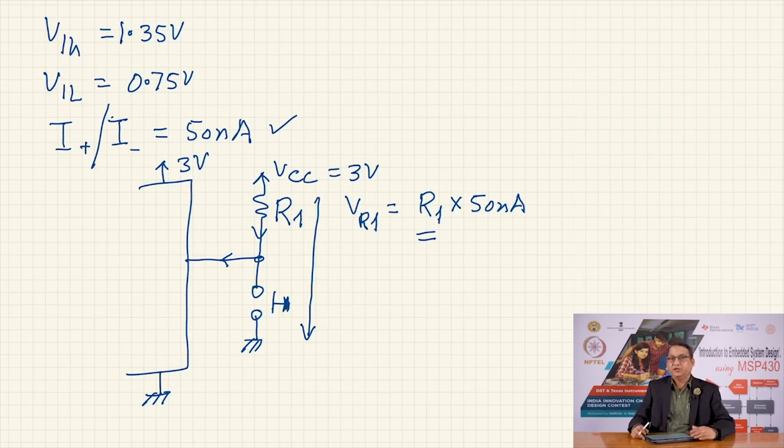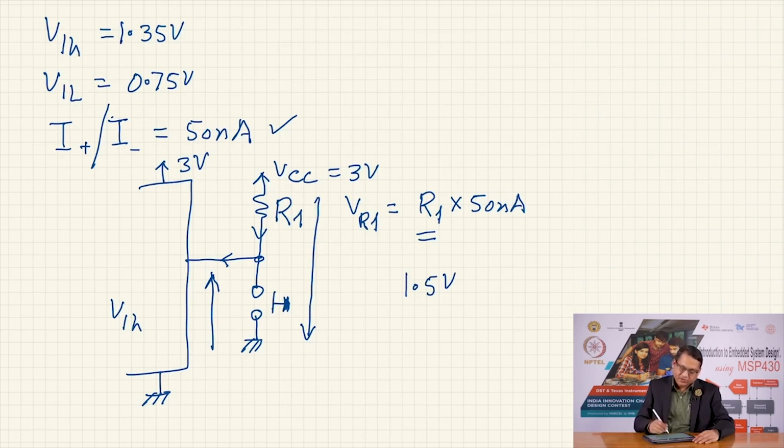But it should not be so high that, when the switch is not pressed, the input is not treated as VIH. We want the voltage at the input to be more than 1.35 volts. Let us say that we want the voltage to be 1.5 volts, because 1.5 volts is certainly more than the threshold.